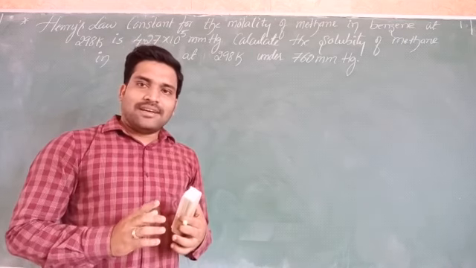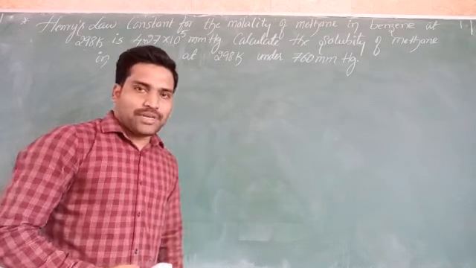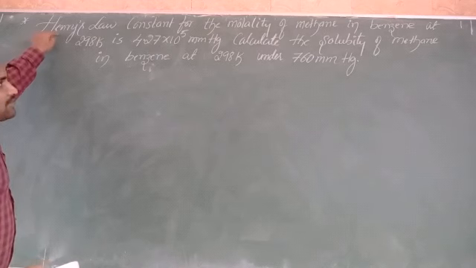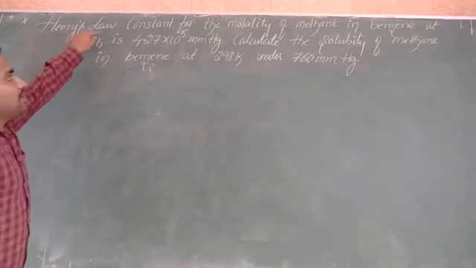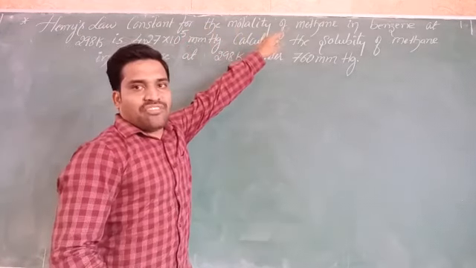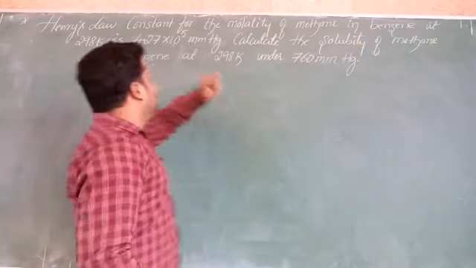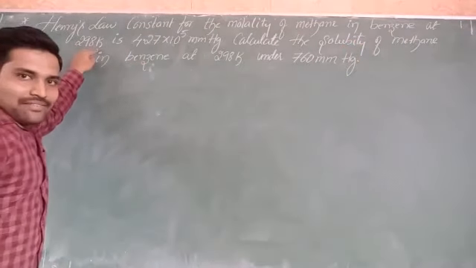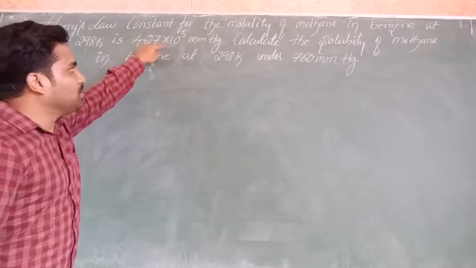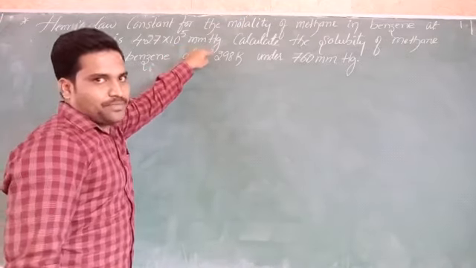That means on Henry's law. Now we are going to see one simple problem. Okay, so let's have a look at this. The question is: Henry's law constant for the molality of methane in benzene at 298 Kelvin is 4.27 into 10 to the power of 5 mmHg.